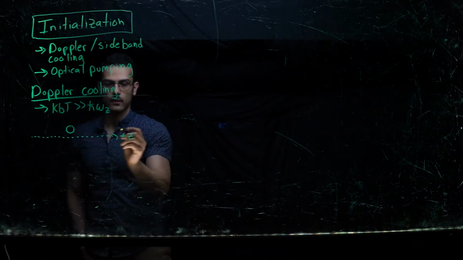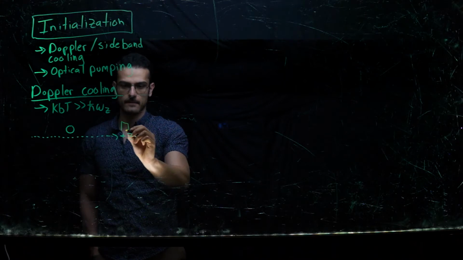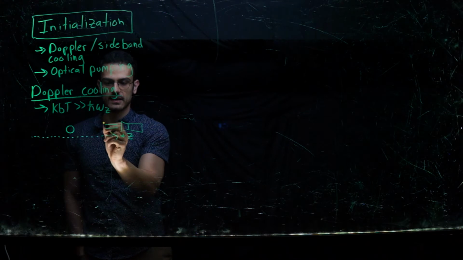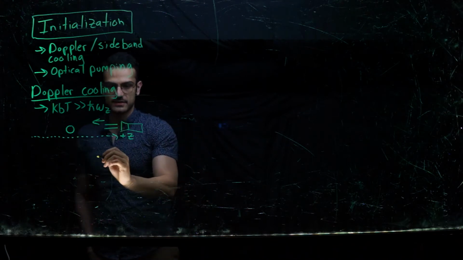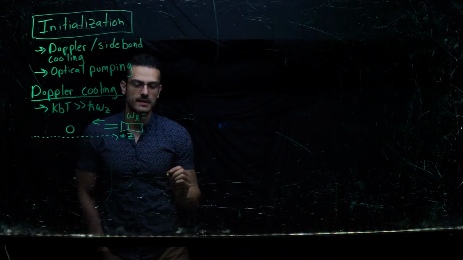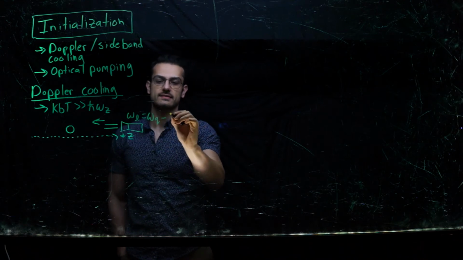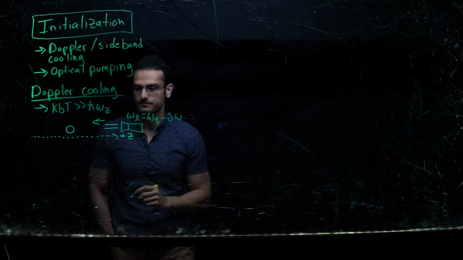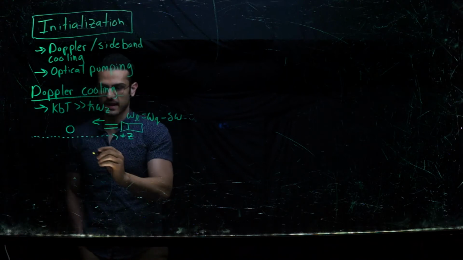So we will take some laser and shine it in this direction, and the frequency of this laser is going to be the frequency of the qubit minus some small amount. So it's slightly less than the frequency of the ion.